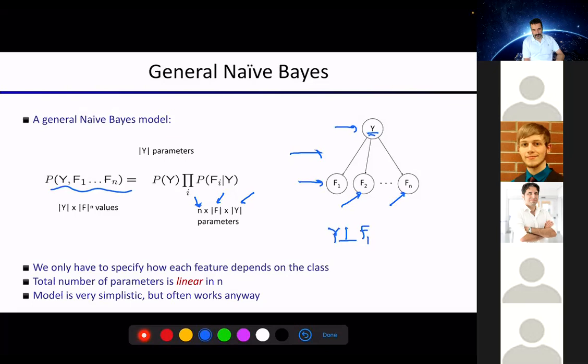If we have no arrow, it means that y and f1 are independent from each other. But here the presence of this arrow means that these are dependent with each other.